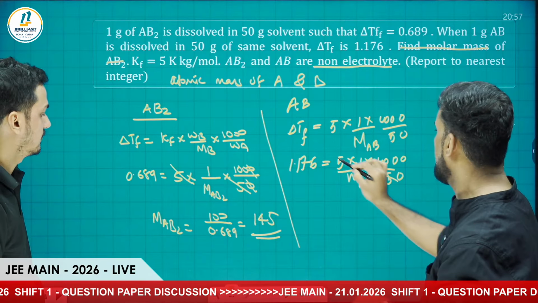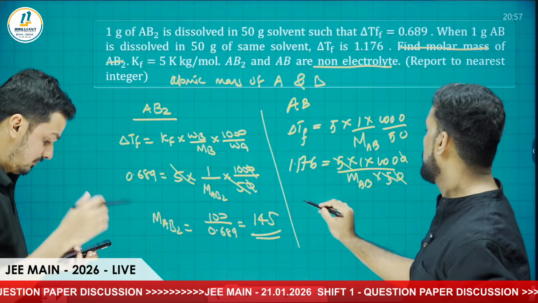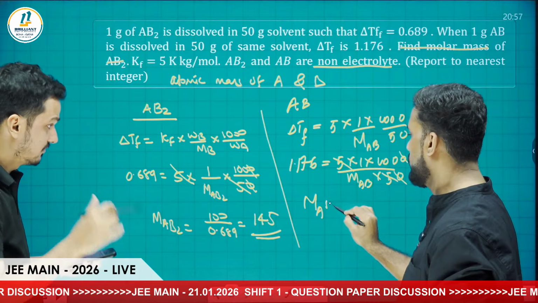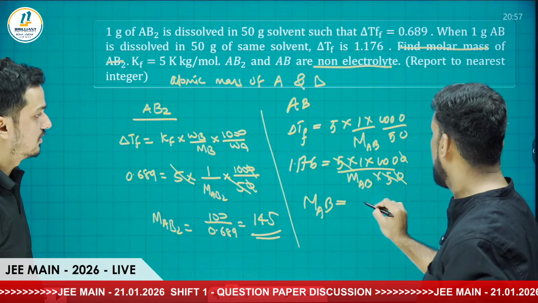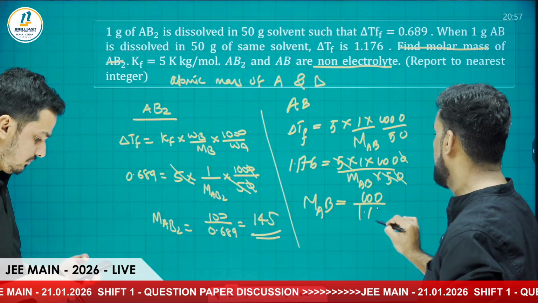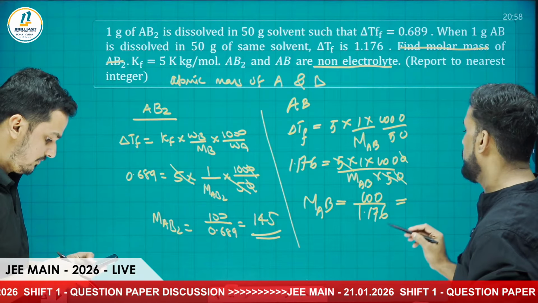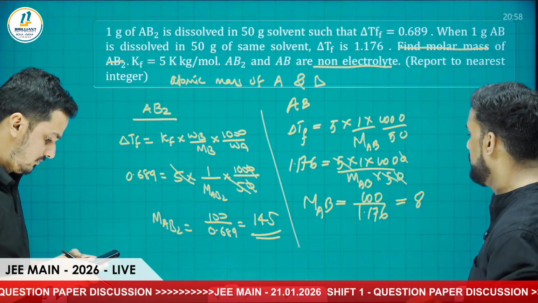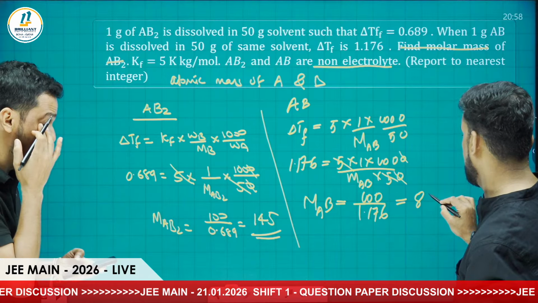Here also you can easily cancel the values. So MAB is equal to 100 divided by 1.176, which will be 85.